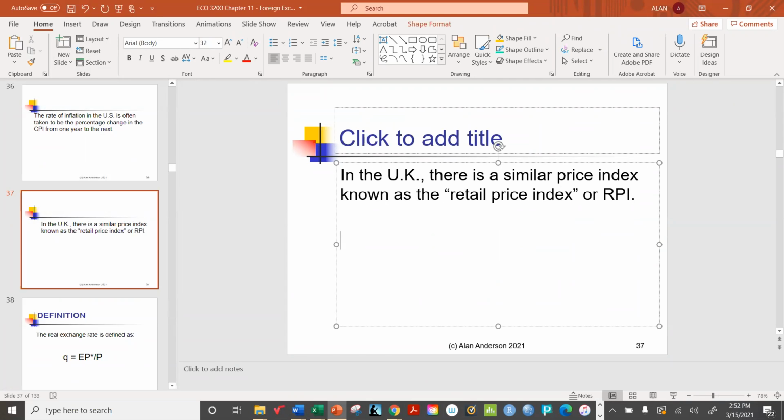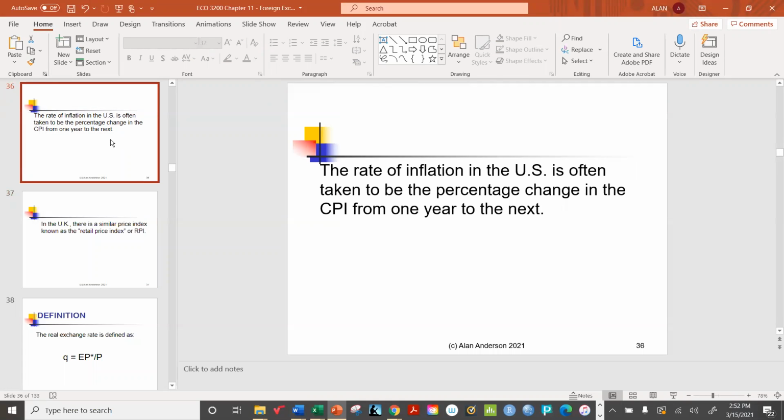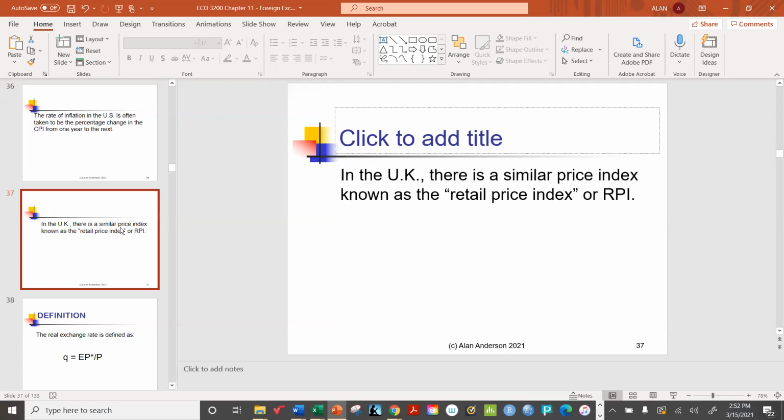Okay, so the CPI is the American version, where we look at the change in consumer prices from one year to the next, and the British have a similar idea. Theirs is called the RPI. So those are the indexes that we're going to use to adjust the exchange rate between the dollar and the pound to convert it into a real exchange rate.